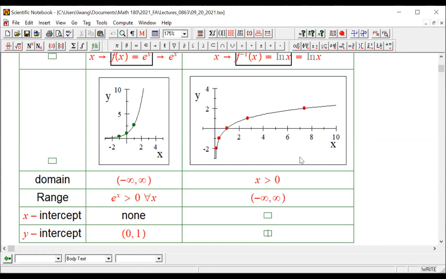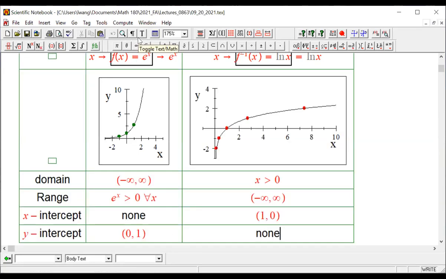The x-intercept would be 1, 0, and there would be no y-intercept. That's right. Great job.